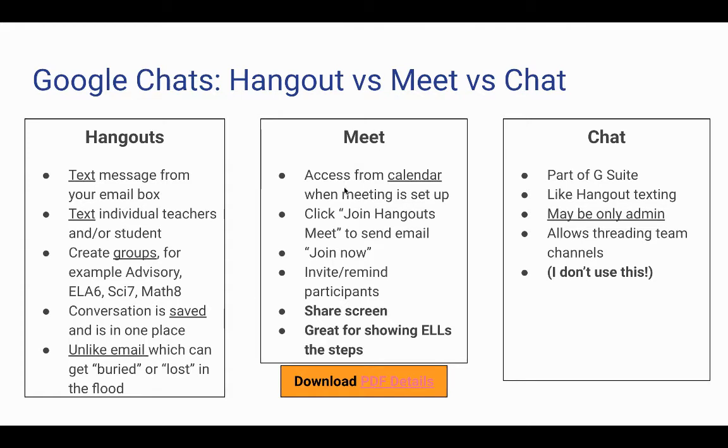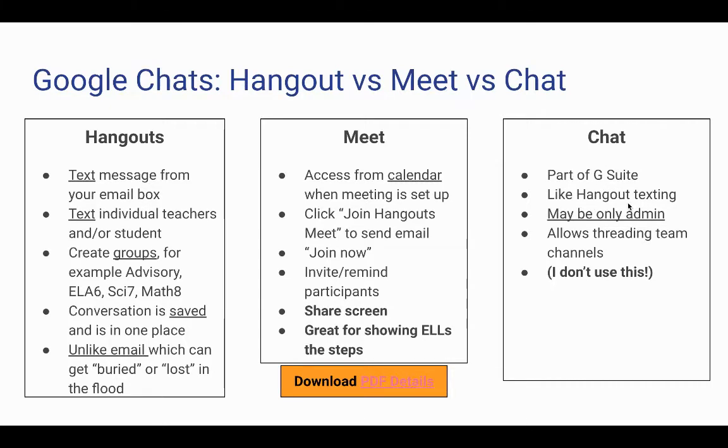The Meet is really cool because you can set it up on your calendar with a group. You can join Hangouts to Meet, send them an email to join you immediately if they forget. What I like is the share screen option. It's great for showing the Ls at different steps on an assignment, for example. Chat is part of the G Suite.